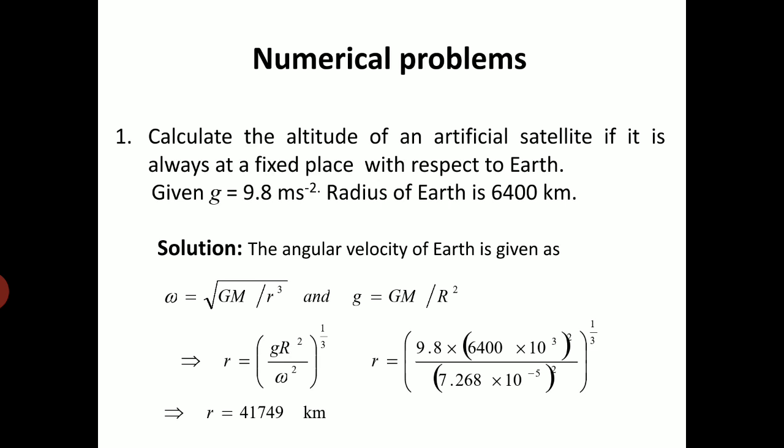The given values are g equals 9.8 meter per second square and the radius of the Earth is 6400 kilometer.